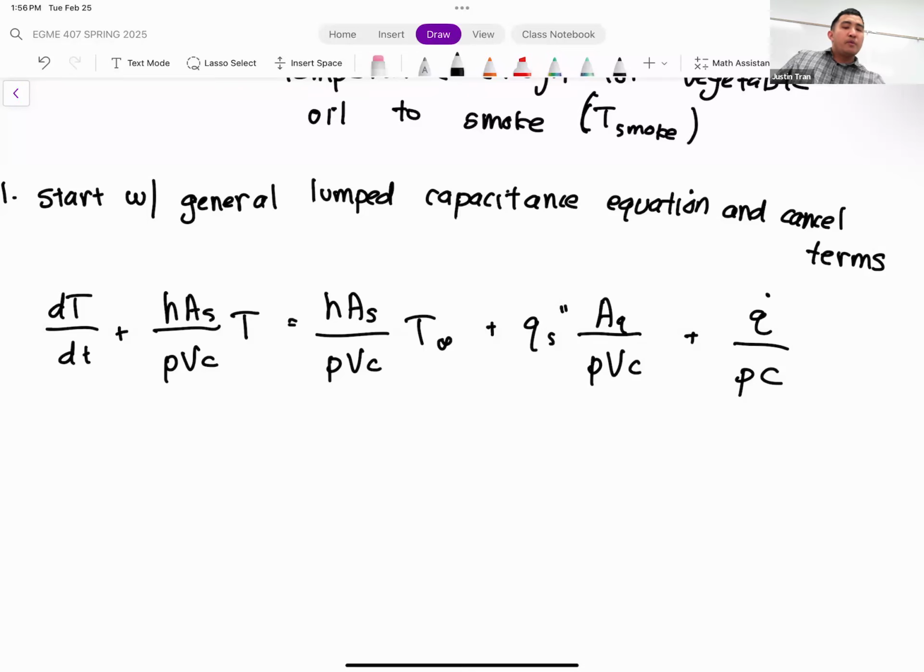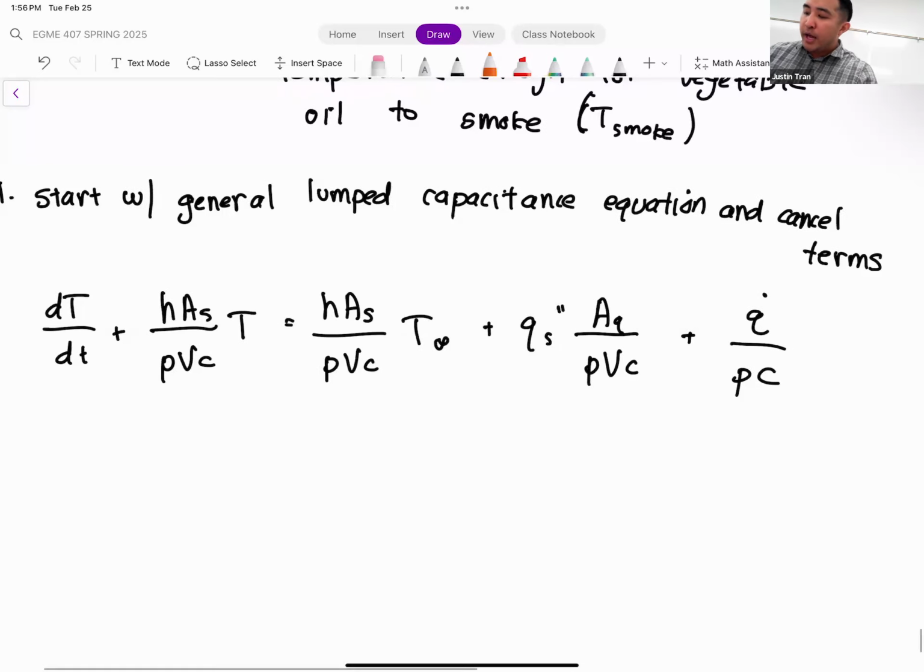Okay, so when the problem asks you to start with the full lump capacitance equation, you can start with this one. Even for the ones that are convection only, you can start with this one, cancel out the heat flux and the thermal production, and you'll end up with the same lump capacitance equation that we had previously. With this one, we don't have that many cancellations to make.